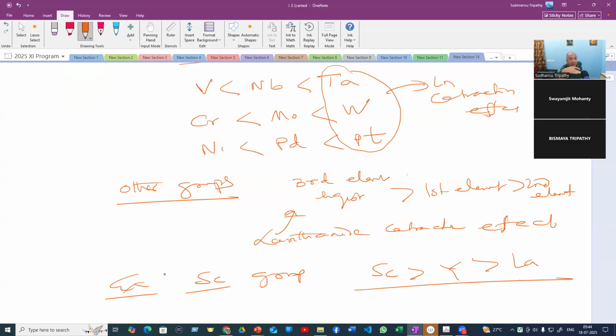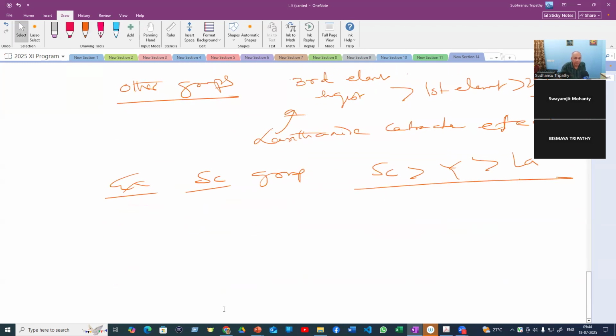After lanthanum, when hafnium comes, then you will find, for example, group 4, the titanium group: titanium, zirconium, hafnium.